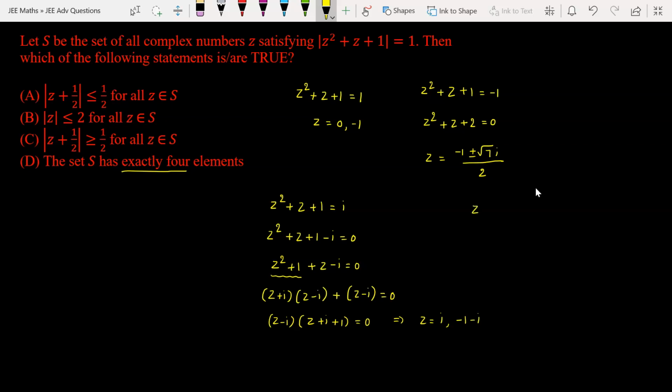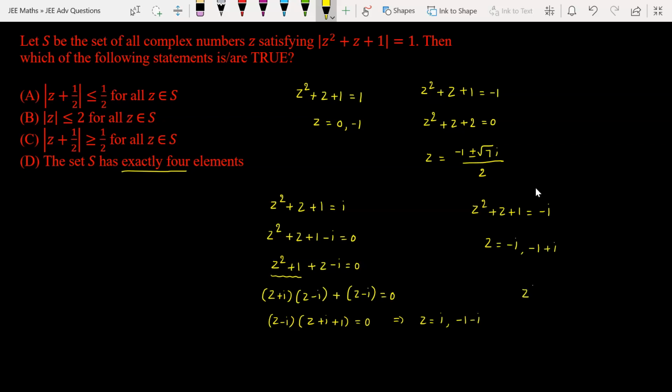Similarly, if we take z square plus z plus 1 is equal to minus iota, we can solve this as well. Solving this, we get z is equal to minus iota, minus 1 plus iota. In fact, not only 1, minus 1, iota, minus iota, we can take any complex number whose magnitude is 1.